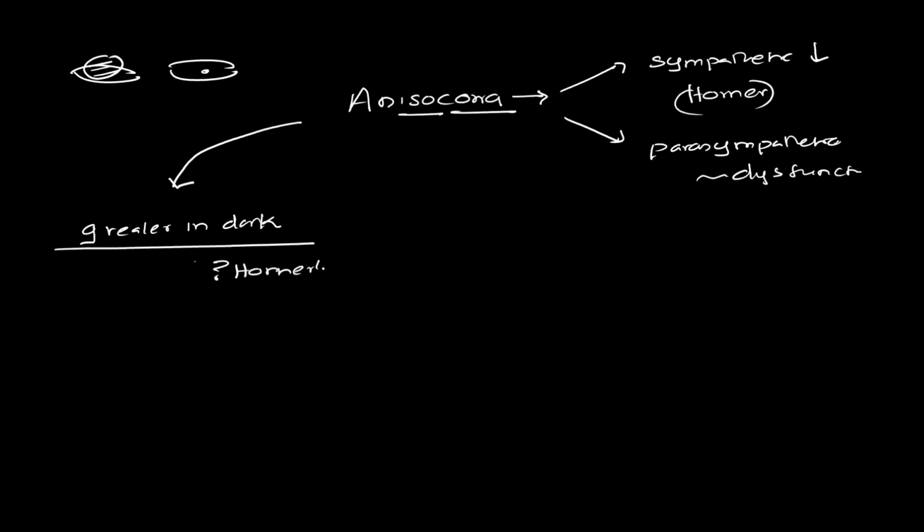Now, if you can remember your neuroanatomy, the pathway to the dilator radial muscles of the pupil is quite long. It has three neurons, initially starting from the hypothalamus, and then it goes to the spinal cord, at the C8 T1 level. In fact, it could also be T2.